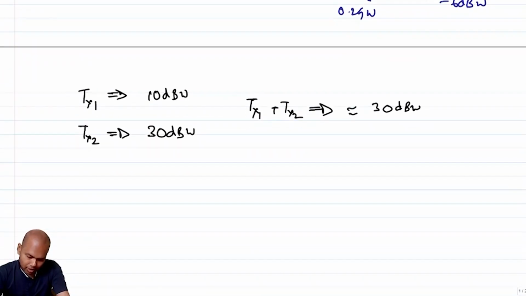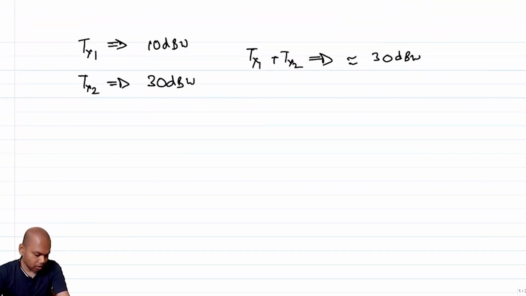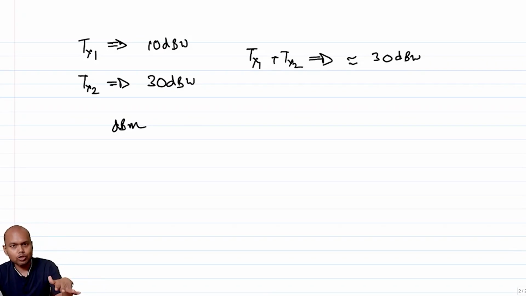Now once you know this, you should be immediately able to understand what the other units mean. Let's say suddenly you find out that somebody is using a unit of dBm. Can you guess what dBm would mean? And I'm sure your guess is right. If dBW means power normalized to 1 watt, dBm should mean power normalized to 1 milliwatt.